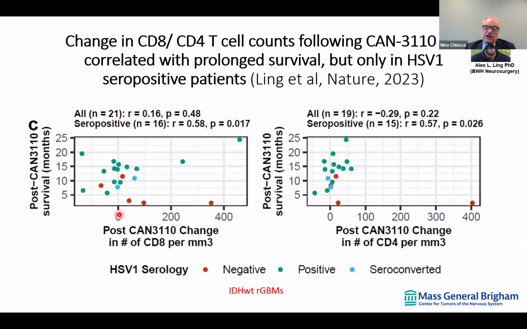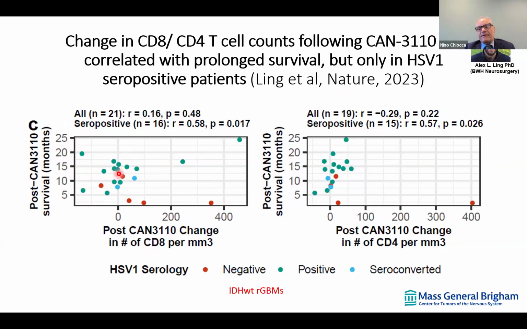Here I'm showing the change after injection in CD8s or CD4s, and on the y-axis, survival as a continuous variable. So we're not looking at long-term survivors versus short-term survivors.